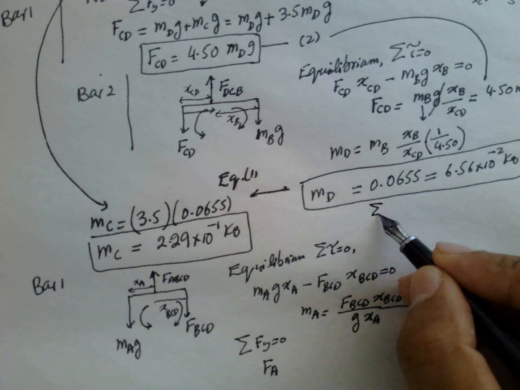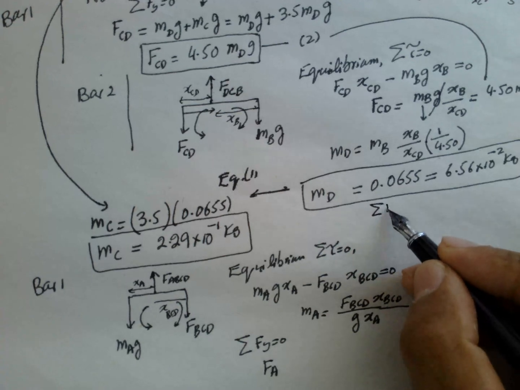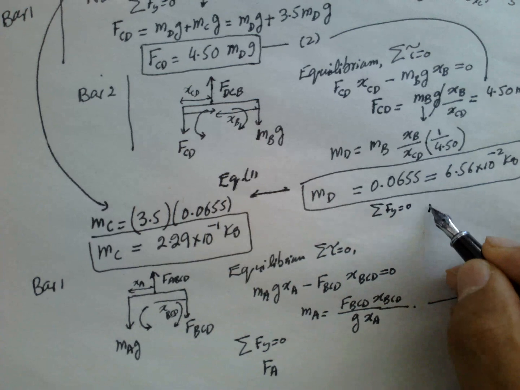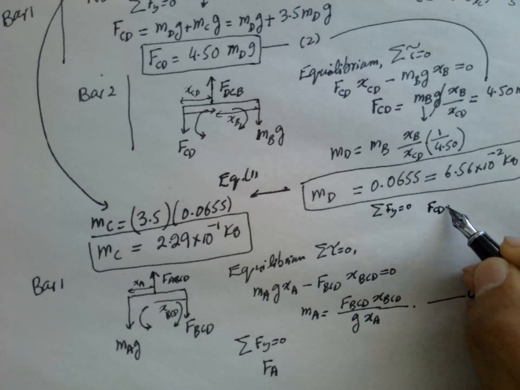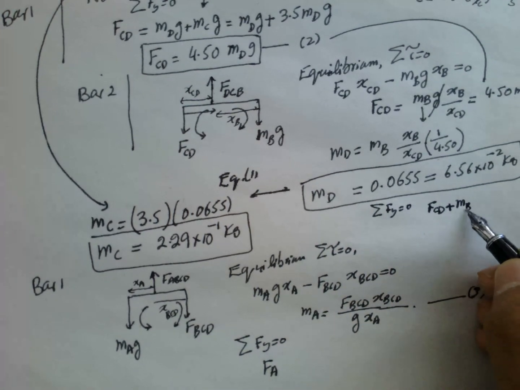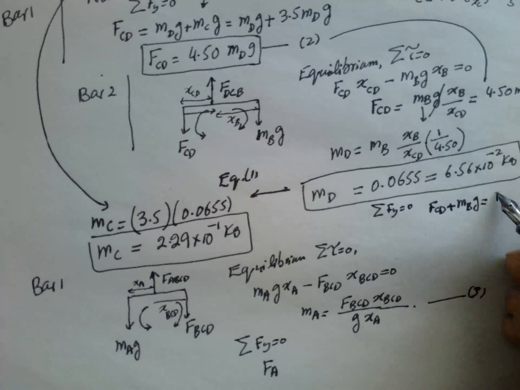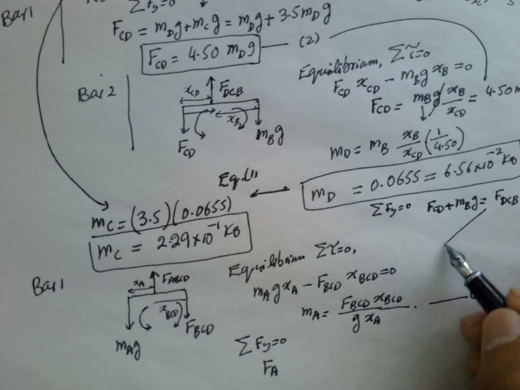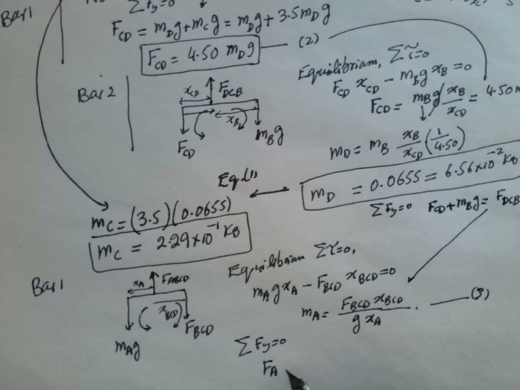So for bar 2, Fy is equal to 0. From here, F of CD plus MBG is equal to F of DCB. So this force will come here, and then we apply it to MA.